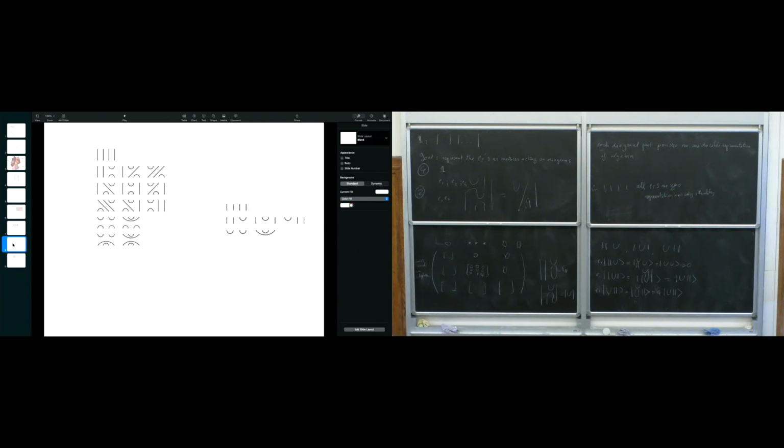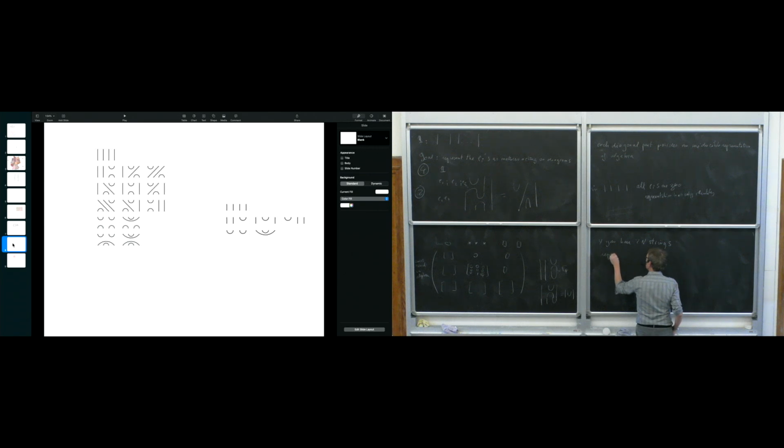All right. So the claim again is that each of these produces an irreducible representation. So in general, if you have 2n strings, how many representations are you going to have? Well, the representations are labeled by the number of through strings.